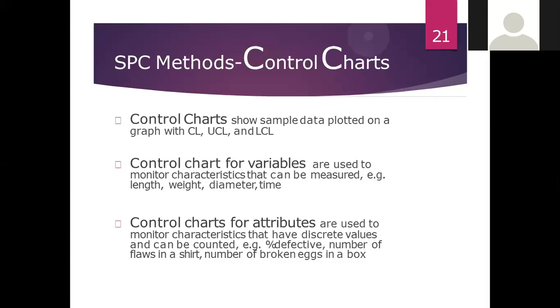Length, 6.6 millimeters. So decimals will be there in variables. That's why you are measuring those things. So there are 2 types of control charts. One you can draw for variables, and the other one for attributes. Now we will see one by one.